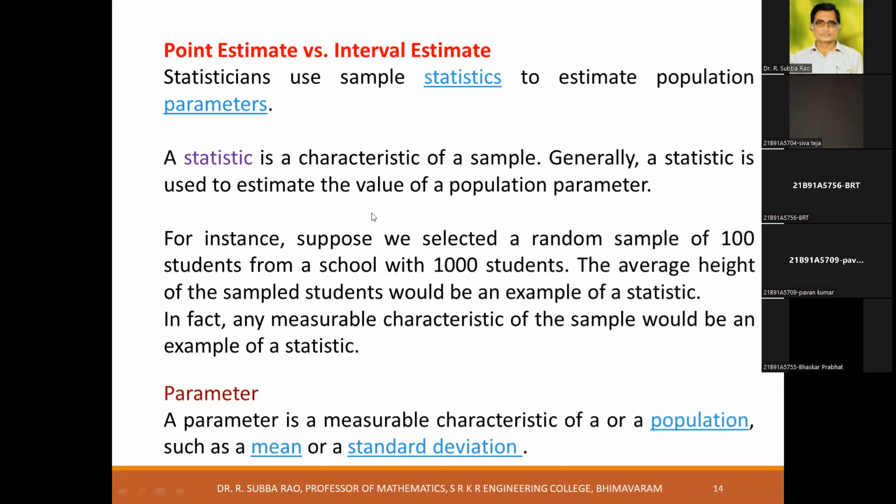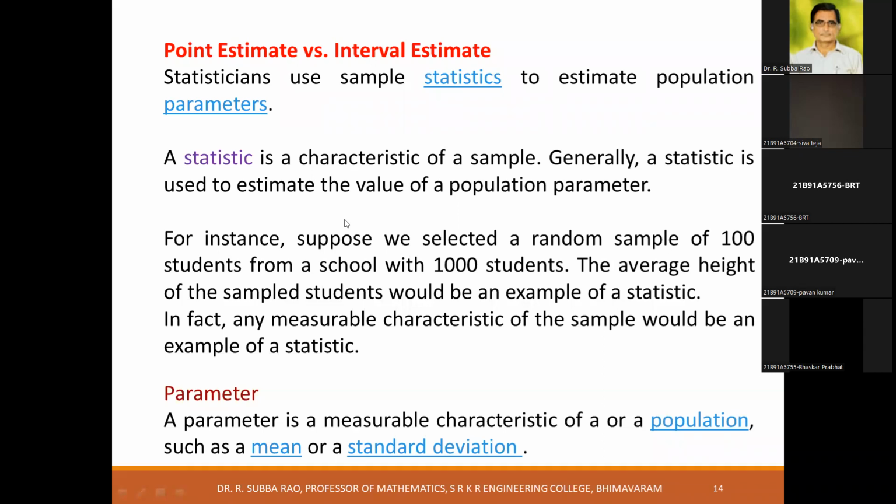For these k samples, I can calculate different measures. For example, I would like to find the mean. For these k samples, I can find the mean of each, write all those means, and prepare a frequency distribution of them.